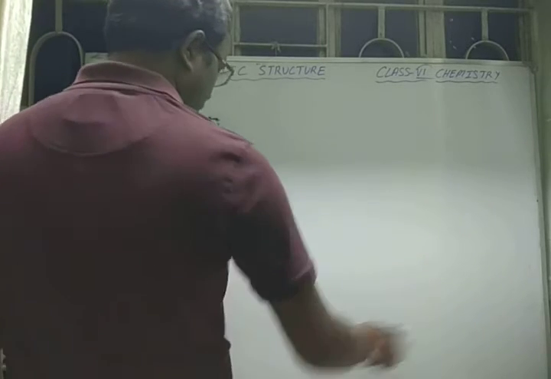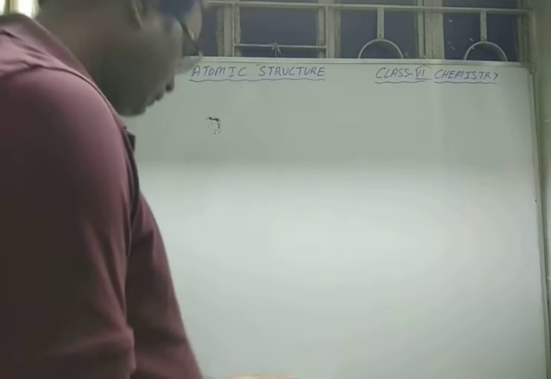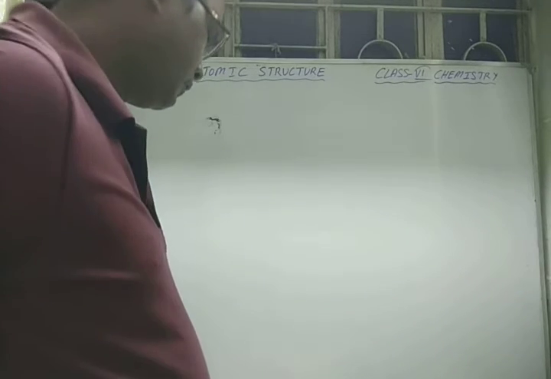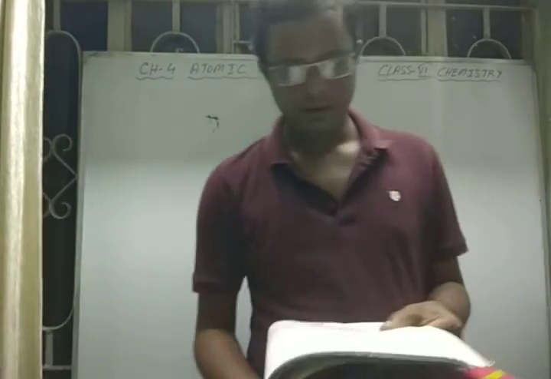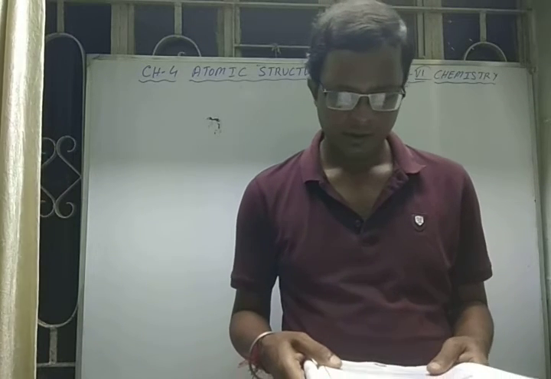Now, the next topic of our today's discussion is the significance of valency. All of you know valency means it is the combining capacity or combining power of an atom of an element.